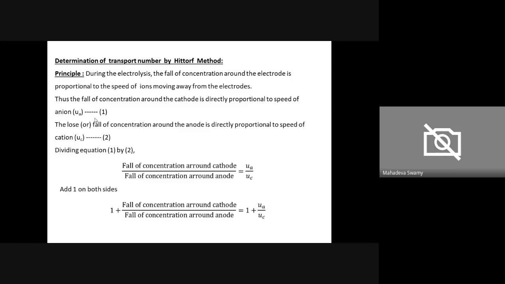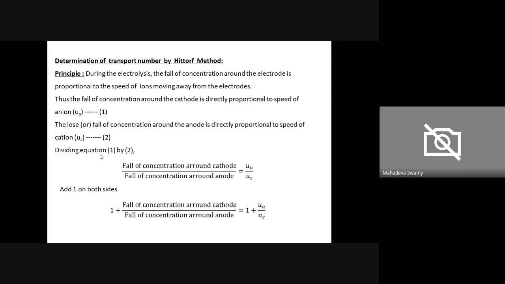This is equation number 1. Or the loss or fall of concentration around the anode is directly proportional to the speed of the cation, which we represent as UC. This is equation number 2.